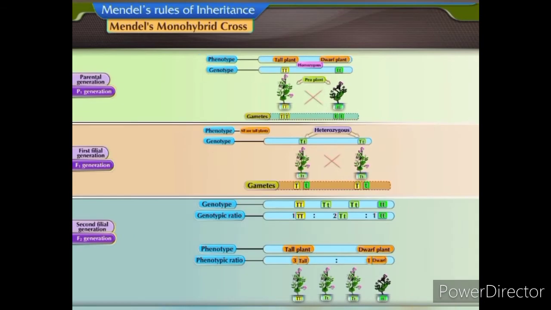Genotypically, it shows 3 types of plants: 1 TT which is homozygous tall, 2 Tt which is heterozygous tall, and 1 tt which is homozygous dwarf. Thus, the genotypic ratio would be 1 TT is to 2 Tt is to 1 tt.